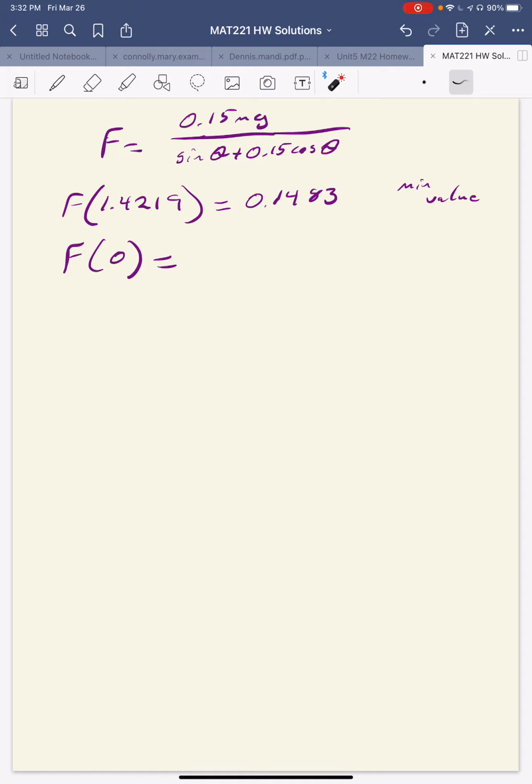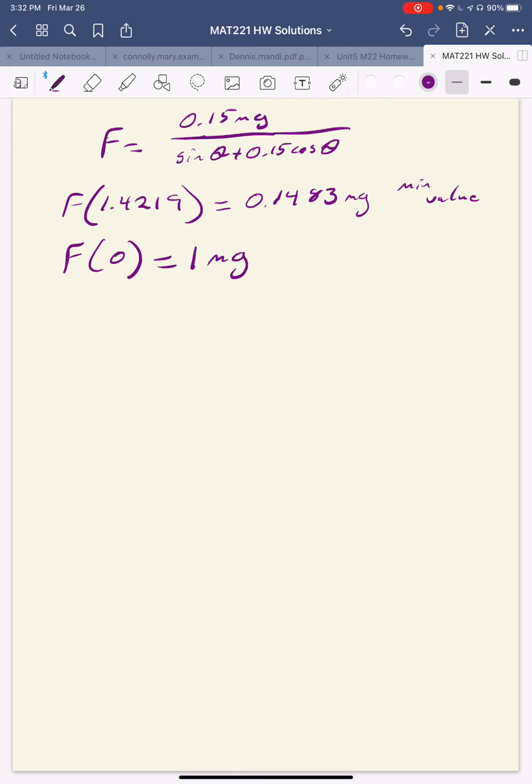Cosine of 0 is 1. So I end up with 0.15 mg over 0.15, which is just going to be 1 mg. Sorry, I need to put the mg in there. So it's going to be 1 mg.